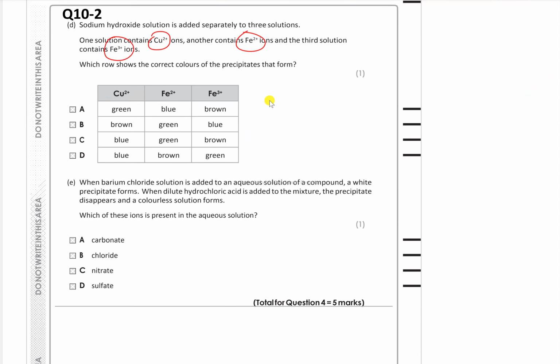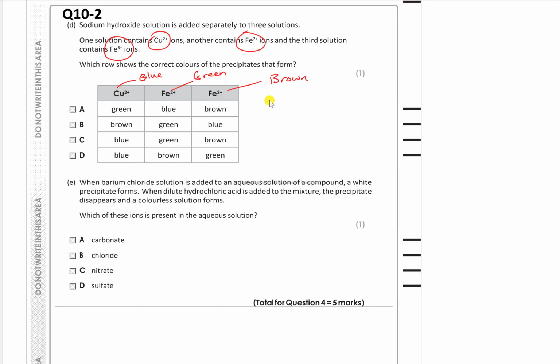And iron 3 is brown. So copper 2 is blue, iron 2 is green, iron 3 is brown.